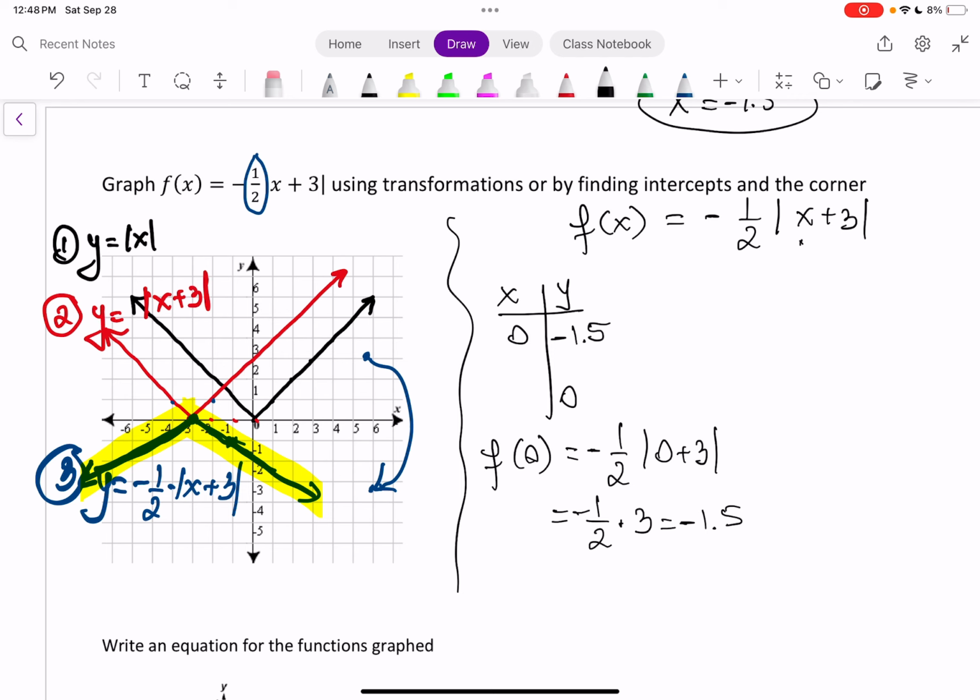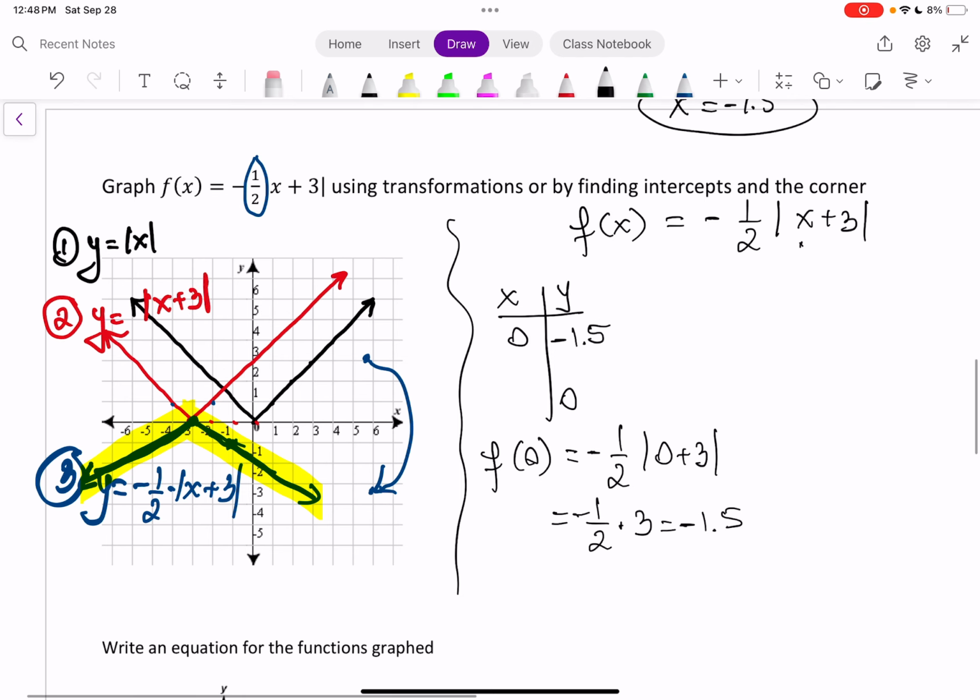Now if we set the equation equal to 0, because now we want y to equal 0. So we said that instead of the function f of x, we put a 0 in its place. Now let's see what's going to happen. Okay, again, divide both sides by negative 1/2.